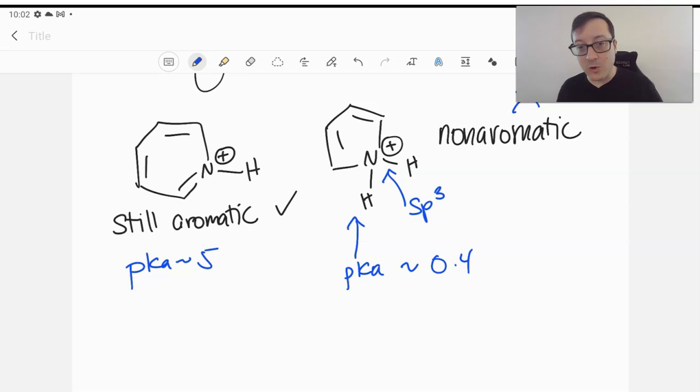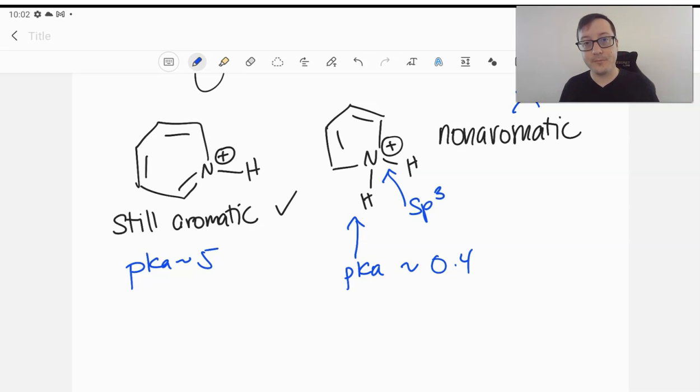And now with pyrrole, the nitrogen analog, we see that it's a very poor base, an unexpectedly bad base, because acting as a base causes it to lose aromaticity.